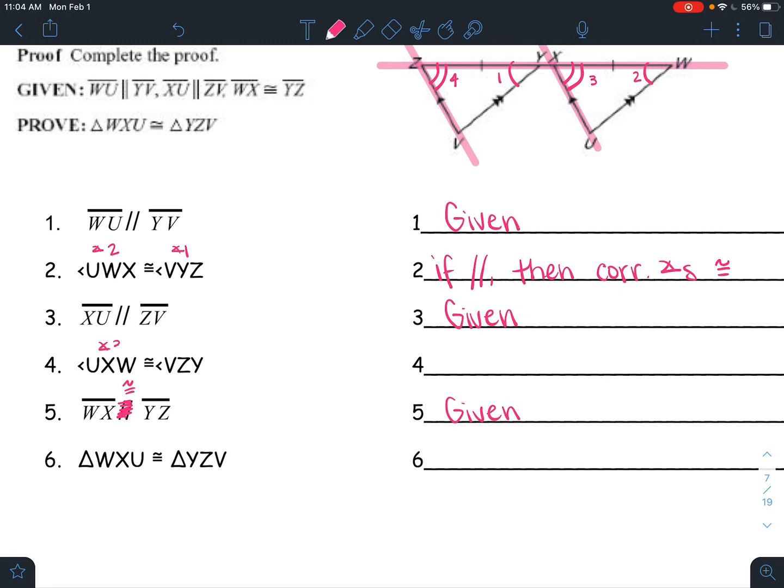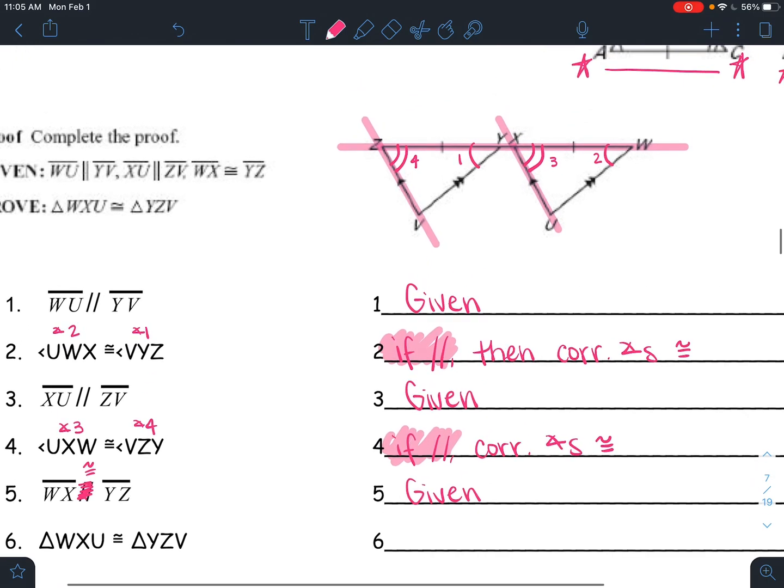So angle 3 is congruent to angle 4 because of the same reason. If parallel, corresponding angles are congruent. Remember that this if parallel must be there because corresponding angles are only congruent if we first know that our lines are parallel.